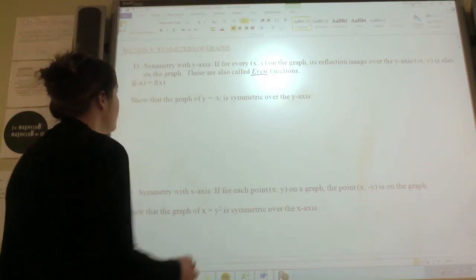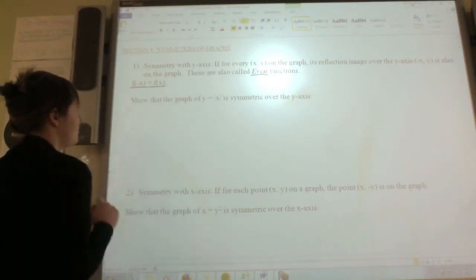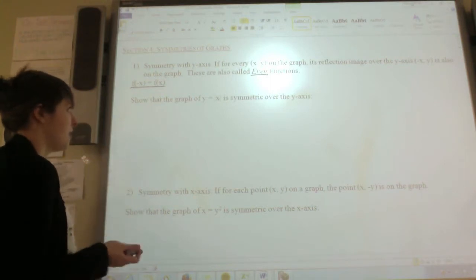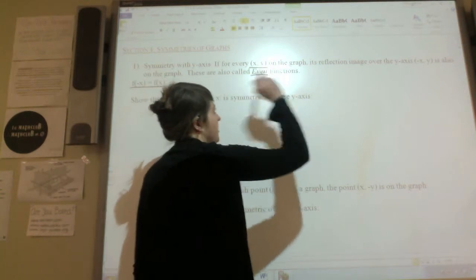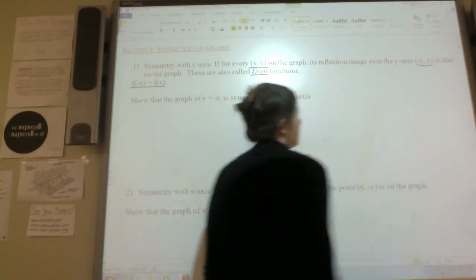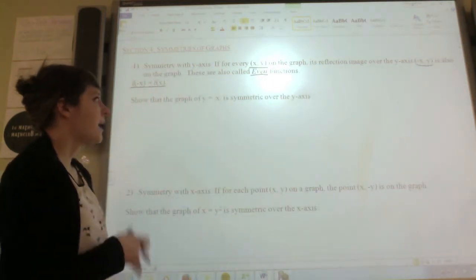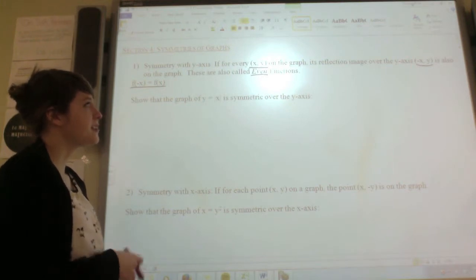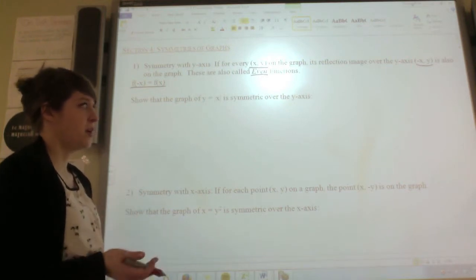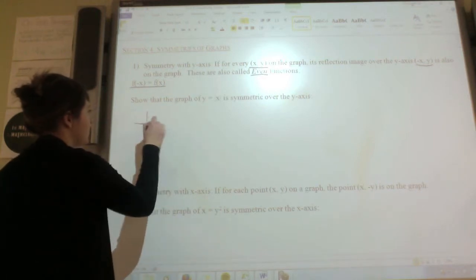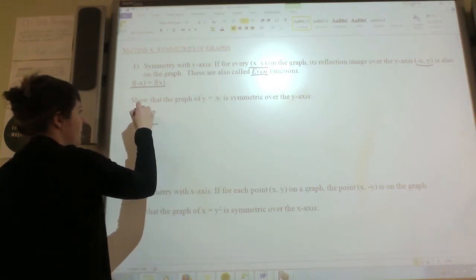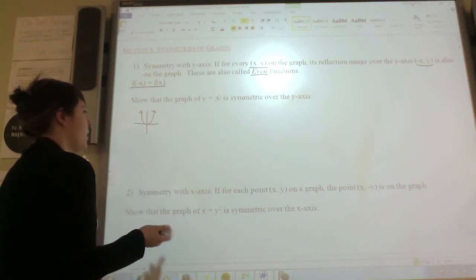Okay? So another way to write it is that f of negative x is equal to f of x. The way that I'm going to talk about it is using these 2 points though. So I know that an even function contains the point x, y and the point negative x, y. And if you're not really sure, you can kind of draw out an even function. So if I think about this function here, that's symmetric over the y-axis.